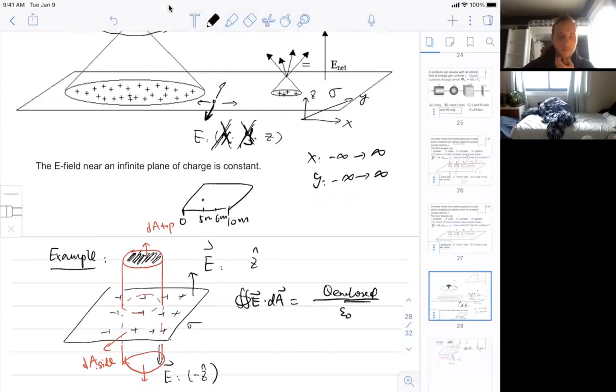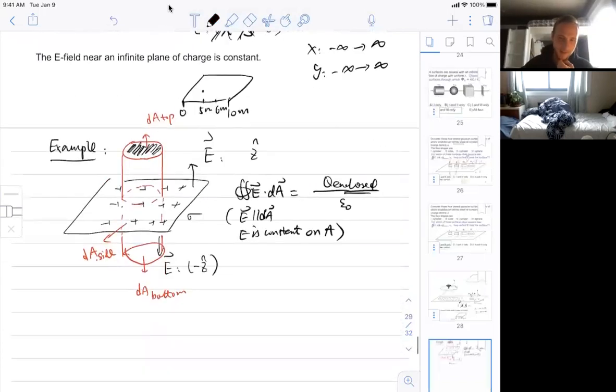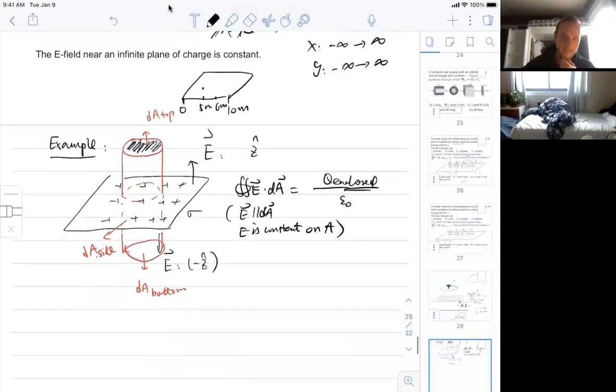In fact, we made two arguments: that E is parallel to dA and E is constant on the area. We did meet those two conditions. So let's finish the calculation. This closed area has three sides: E dot dA on the top, on the bottom, and on the side.